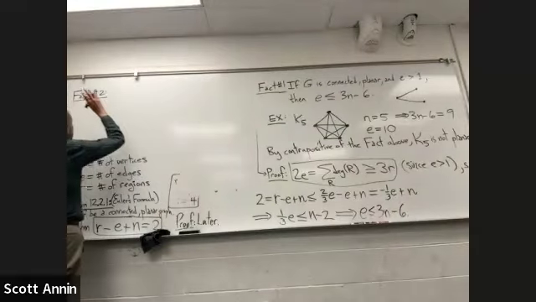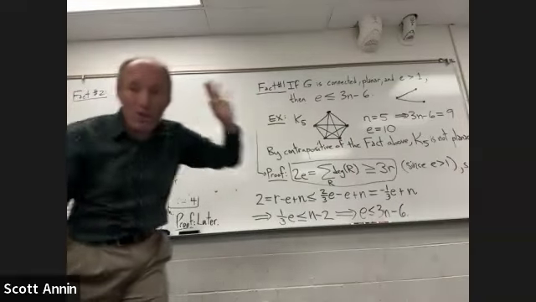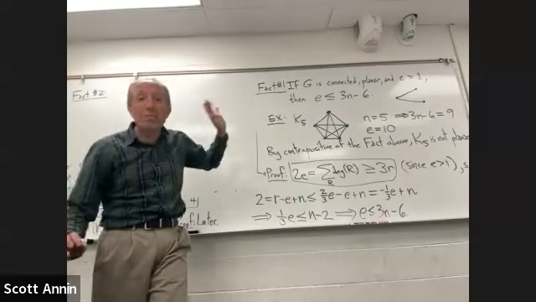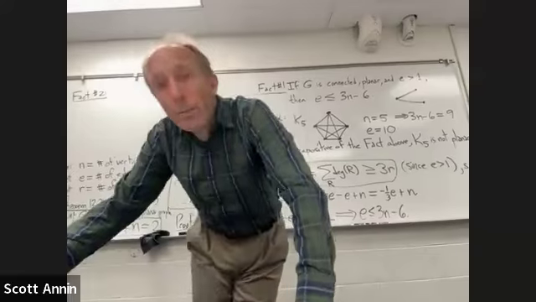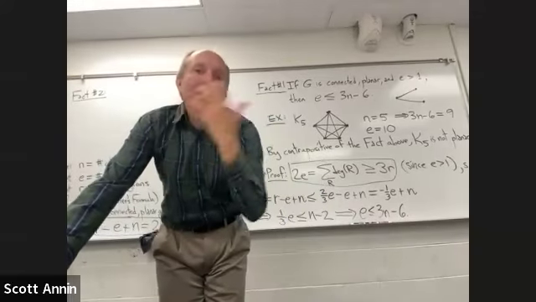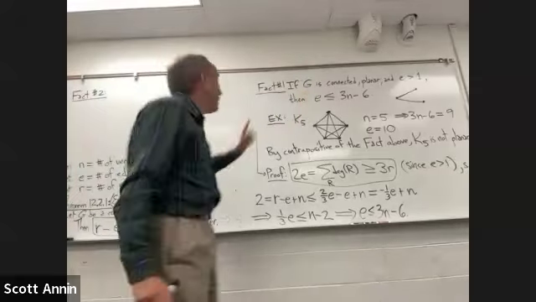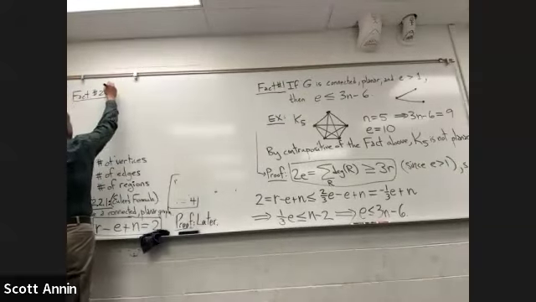This fact will be an even stronger inequality that can be used in the contrapositive even more effectively. The problem with it is it doesn't apply to as many graphs as this one does. Let me give you an example of what I mean.